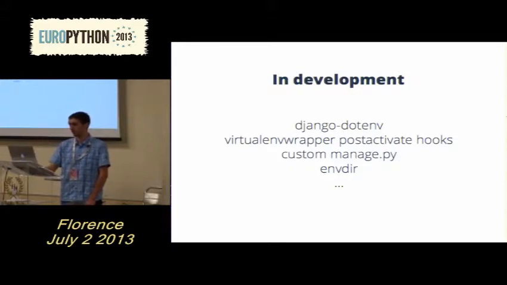So django-dotenv allows you to read that and set the proper environment variables. You have also the virtualenvwrapper, which has post-activate hooks. So when you activate a virtualenv, it can also populate some environment variables. You can script anything into manage.py with Django.